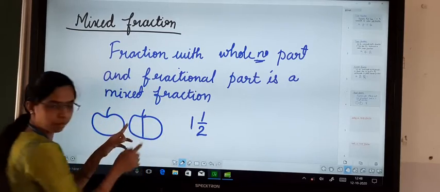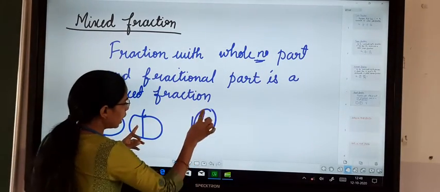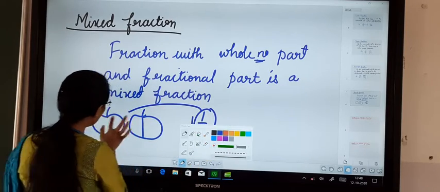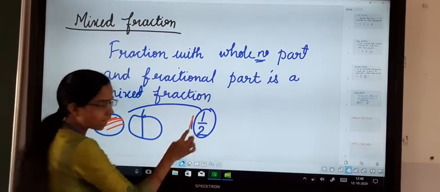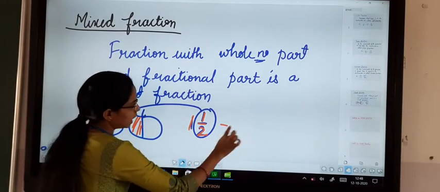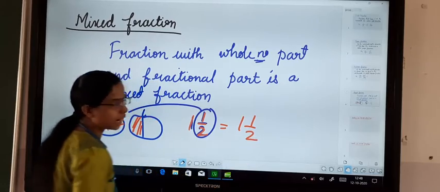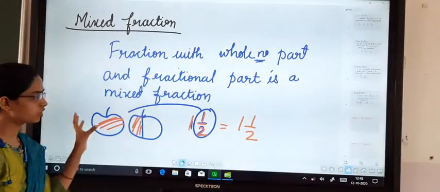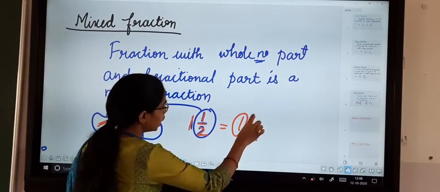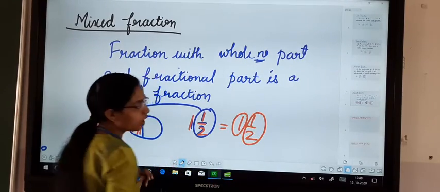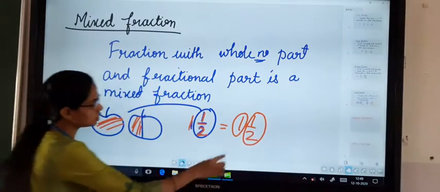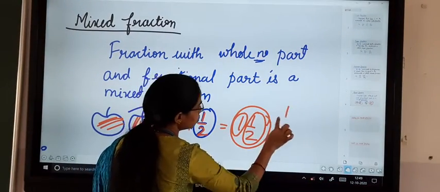Out of the second apple, half of the apple I had given to my friend again. So one full apple is the whole part and 1 by 2 is the fractional part. So I had given 1 and 1 by 2 parts of the apple. Here 1 is the whole number, the whole part, and half, 1 by 2, is the fractional part. So such kinds of fractions are called mixed fractions.